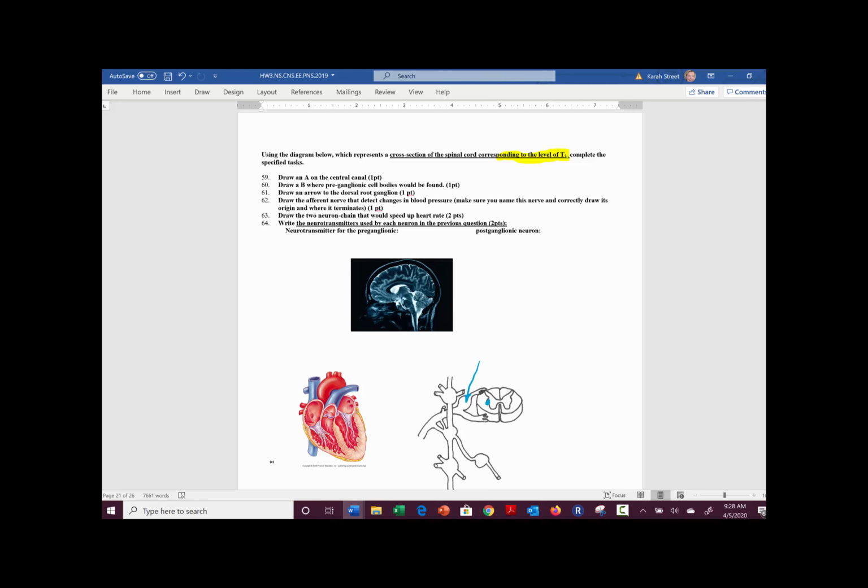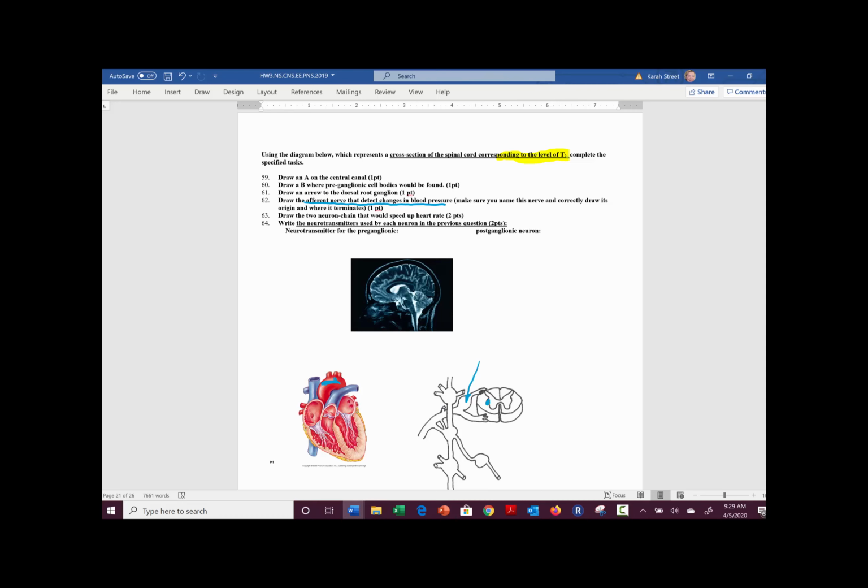Draw the afferent nerve that detects changes in blood pressure. Make sure you name this nerve. Well, the afferent nerve that is going to detect changes in blood pressure, shown in this picture here for the heart, would be an afferent nerve that has the ability to carry action potentials from those baroreceptors found in the aortic arch.